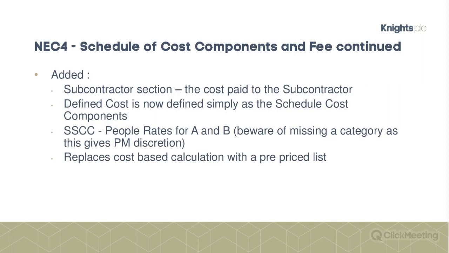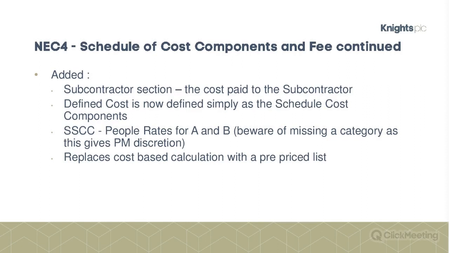People rates, so this is, remember, just for options A and B. So it's just going to be for compensation events for those contracts. But it means that we've got rates rather than cost. So you still have to show that for a particular compensation event, Fred Bloggs was working on that compensation event for 3 hours, on the morning of the 30th of April.